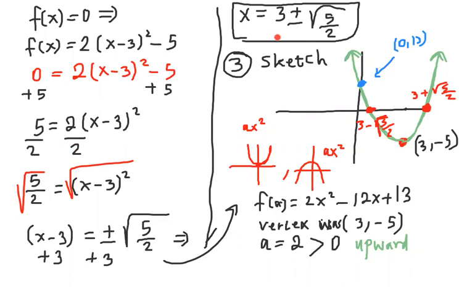So the first point is 3 plus the square root of 5 over 2, and the second point is 3 minus the square root of 5 over 2. If we look at the graph, this point here is 3 plus the square root of 5 over 2, and this point is 3 minus the square root of 5 over 2. Did I answer your question? Perfect.